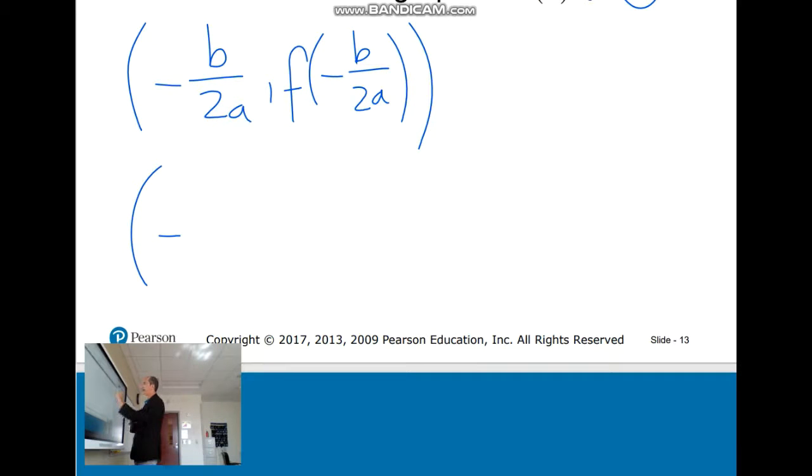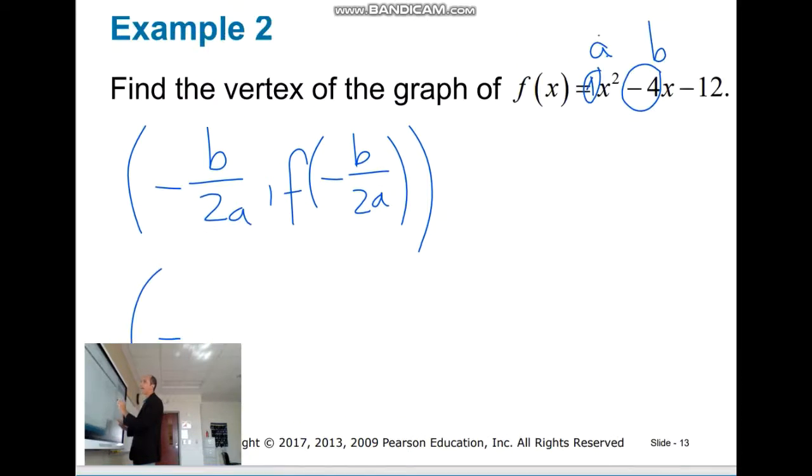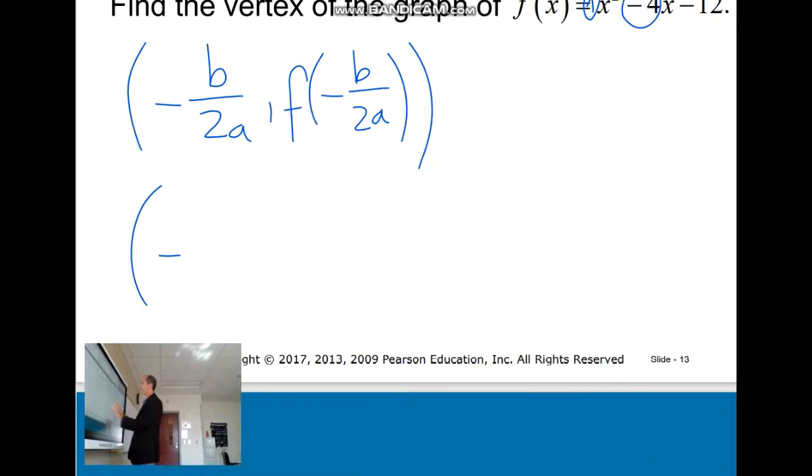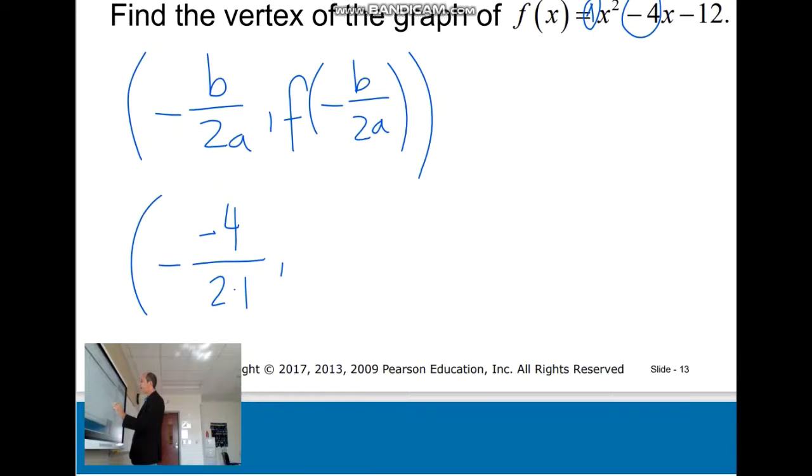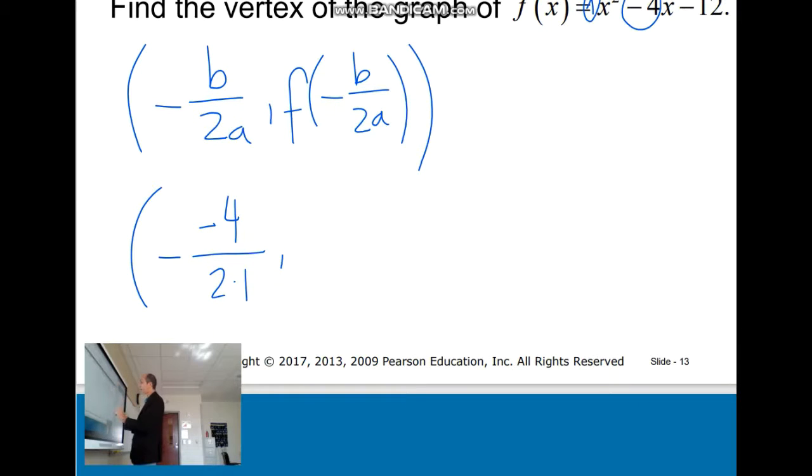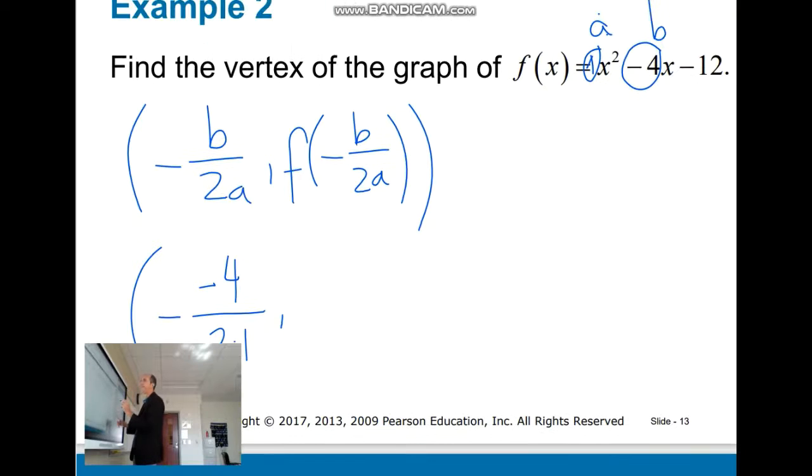So we will have negative b, which is negative 4, over 2 times 1. And then plugging this into the function. Let's find out what this is going to be. Negative with negative is positive. Positive 4 divided by 2 is 2.